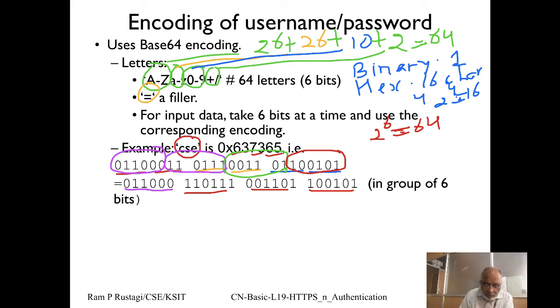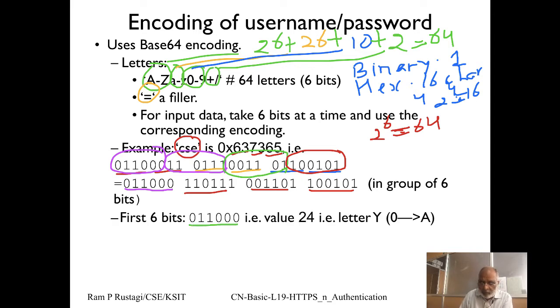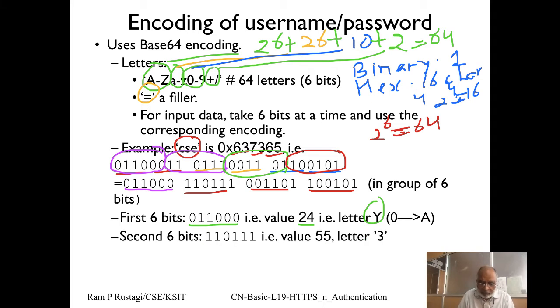Now for each of these letters, let's look at how the encoding works. This 6-bit value corresponds to 24, and if you look at the alphabet order, A corresponds to value 0, B corresponds to value 1, that way Z corresponds to value 25, and that means 24 corresponds to letter Y. In the same way, the next one, which is 11011, has value 55, which corresponds to the digit 3.